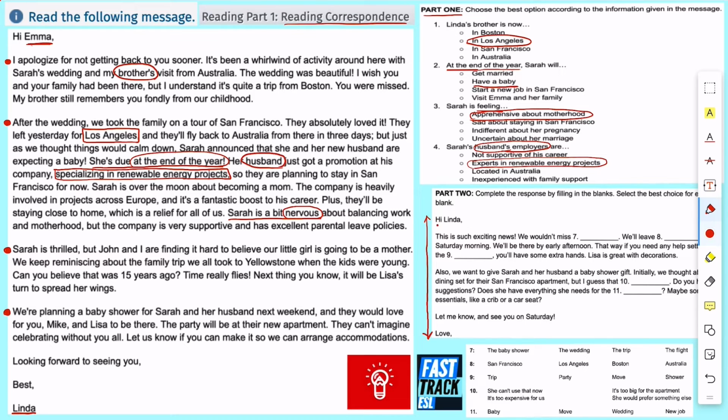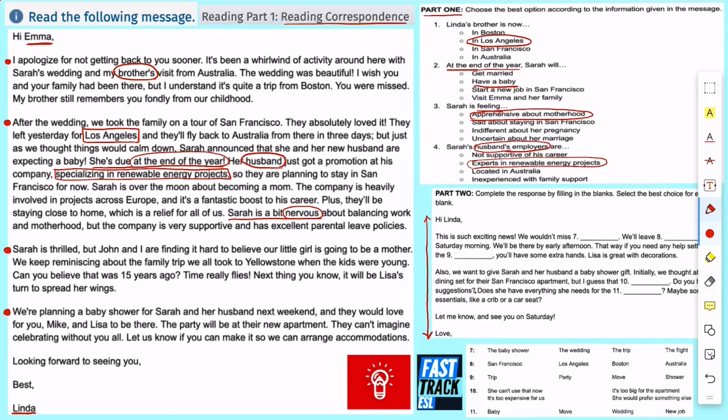Let's check it out. It reads, "Hi Linda, this is such exciting news. We wouldn't miss the baby shower. We'll leave Saturday morning. We'll be there by early afternoon. That way, if you need any help setting up, you'll have some extra hands. Lisa is great with decorations. Also, we want to give Sarah and her husband a baby shower gift.